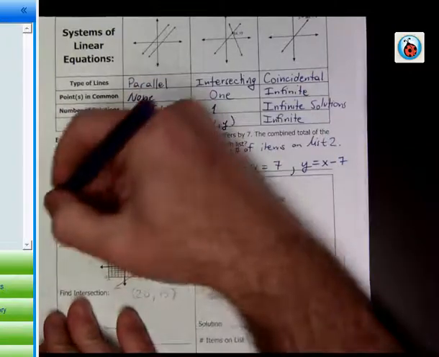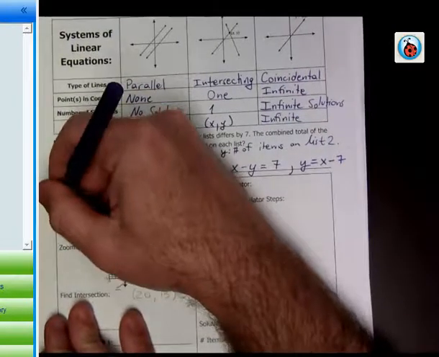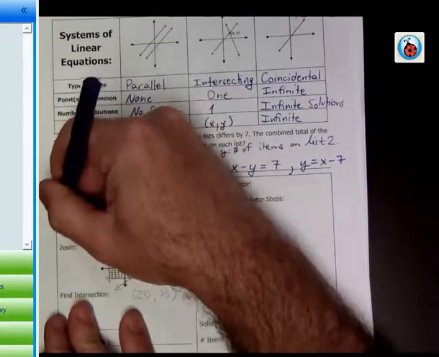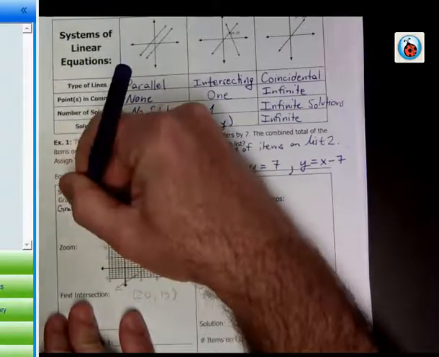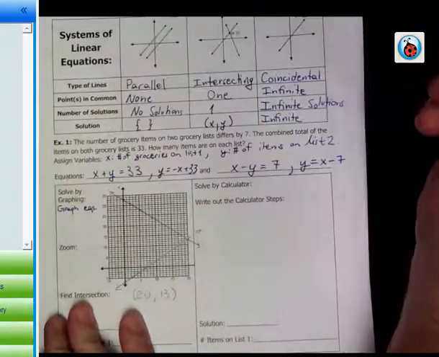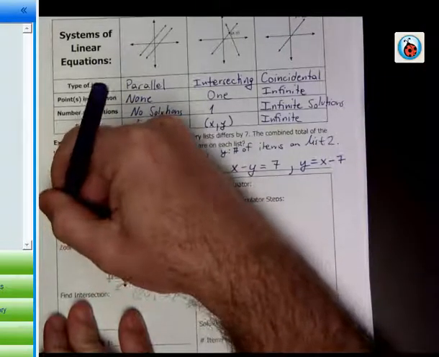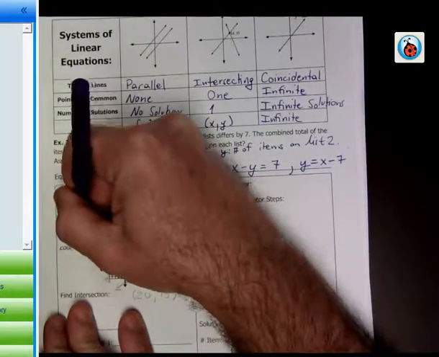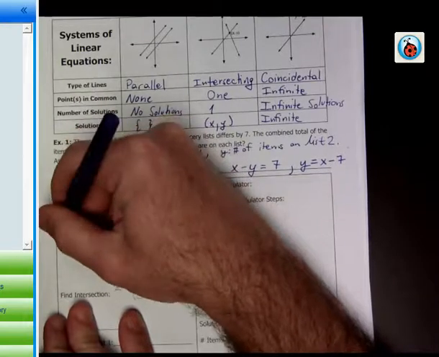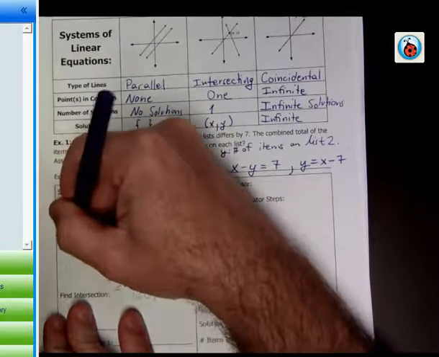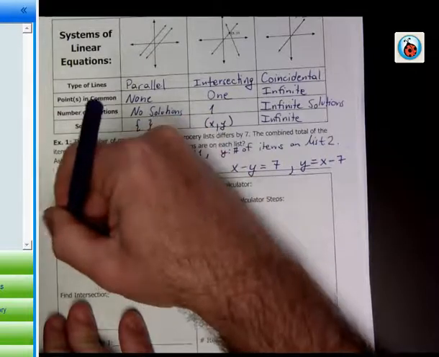So let's write some steps here. After I graph the equations, you want to do Menu, Analyze Graph, Intersection.